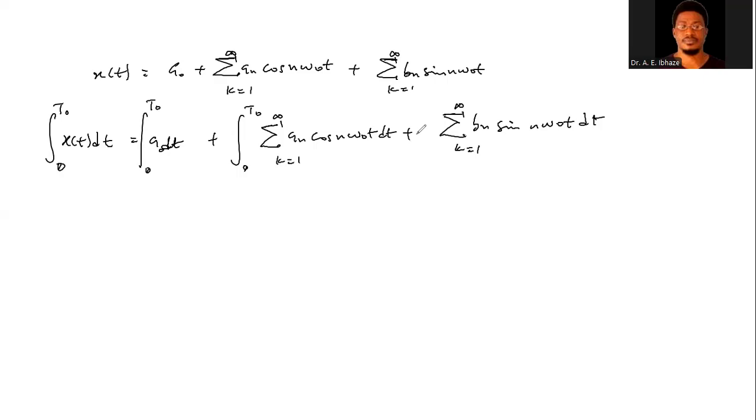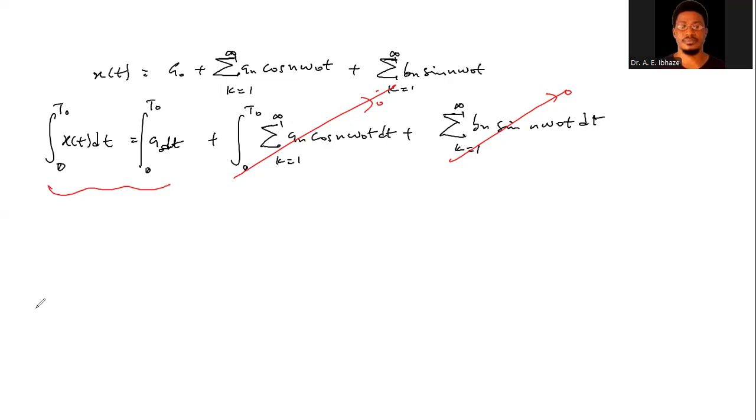And we already established that the integral of sine and cosine over one time period is 0. So once we integrate this, this reduces to 0, and this is also going to reduce to 0.